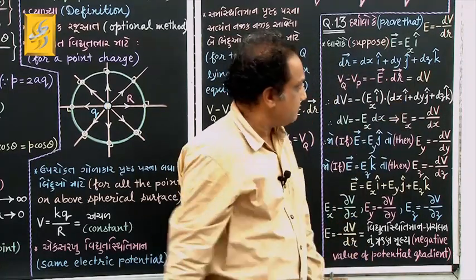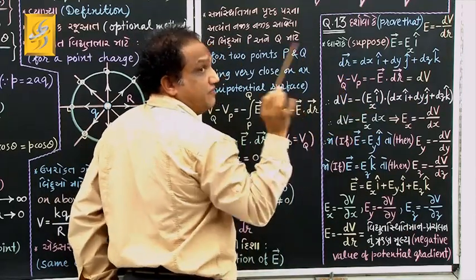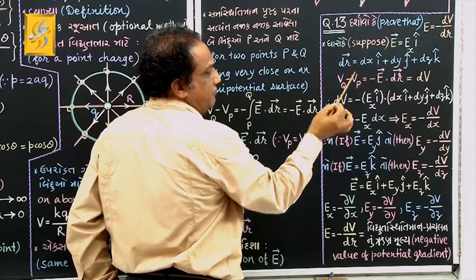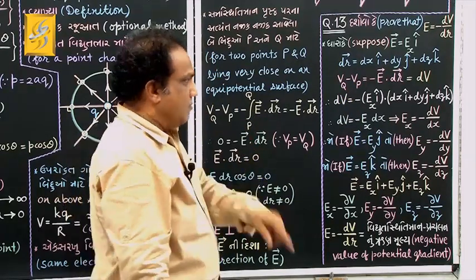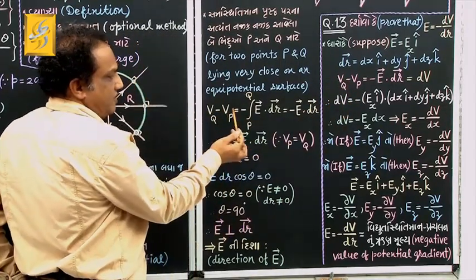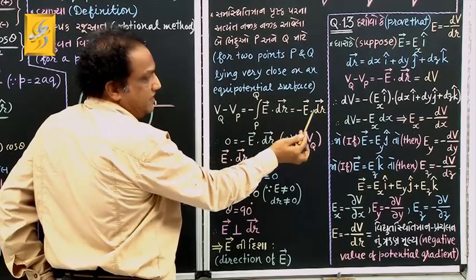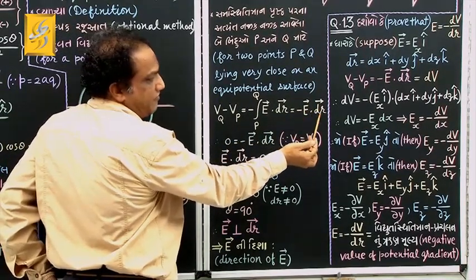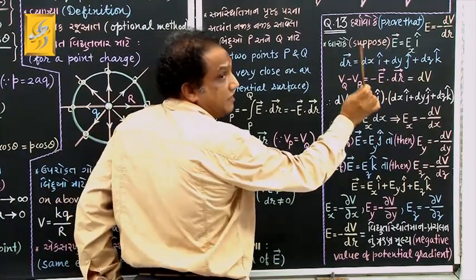Now tell me, we want electric potential difference between points P and Q, which are located very close inside that electric field. VQ minus VP. If these 2 points are very close, finally we wrote that difference like this: minus vector E dot vector dr, correct?